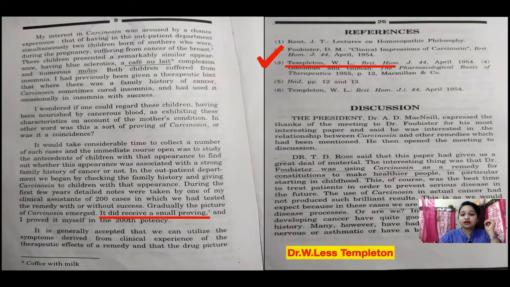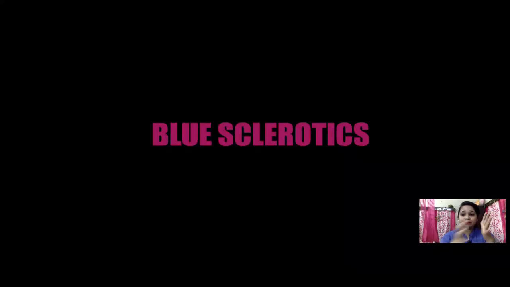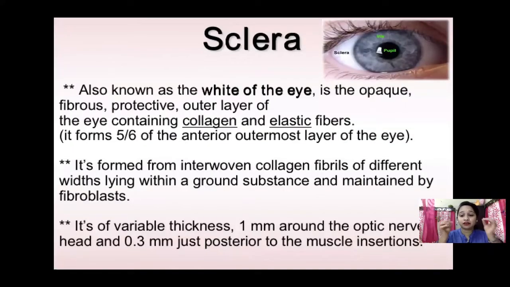Alright, so now moving to the discussion part, first I am coming to the word blue sclerotics. Blue sclerotic appearance is written many times throughout the book. So what does it mean? For medical students, from blue sclerotic we can understand sclera, which means the white part of the eye.